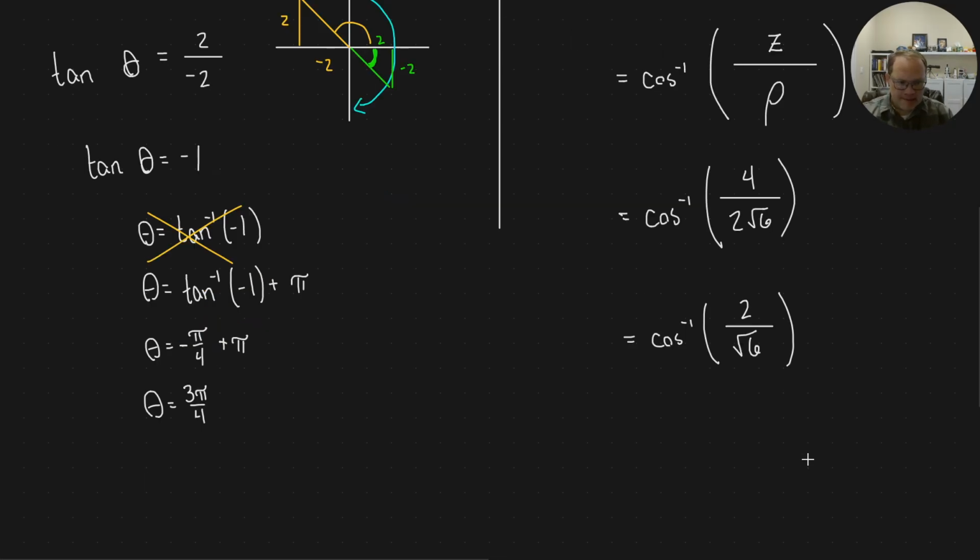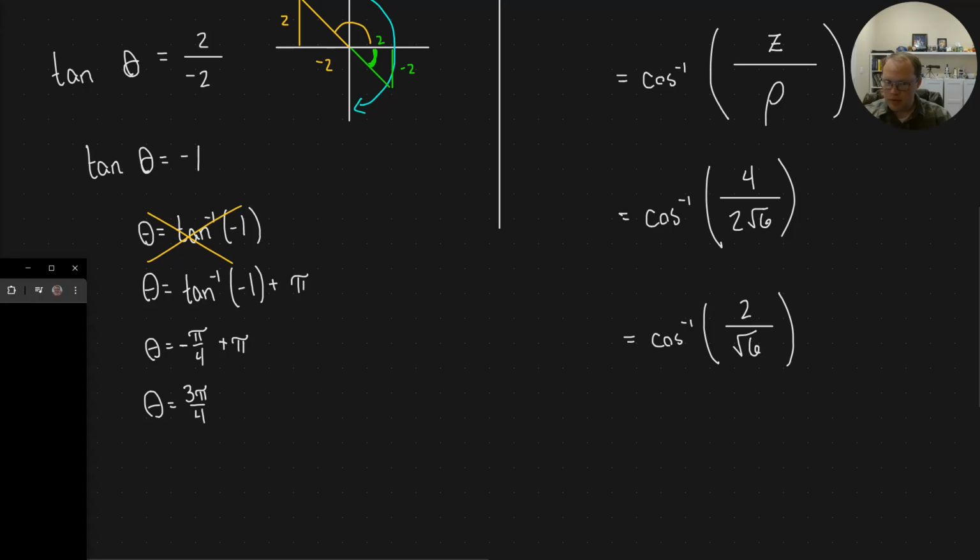That is definitely a calculator problem. We don't know the triangle with an adjacent of 2 and a hypotenuse of root 6 right off the top of our heads, right? So let's plug this into a calculator. Pulling it over.